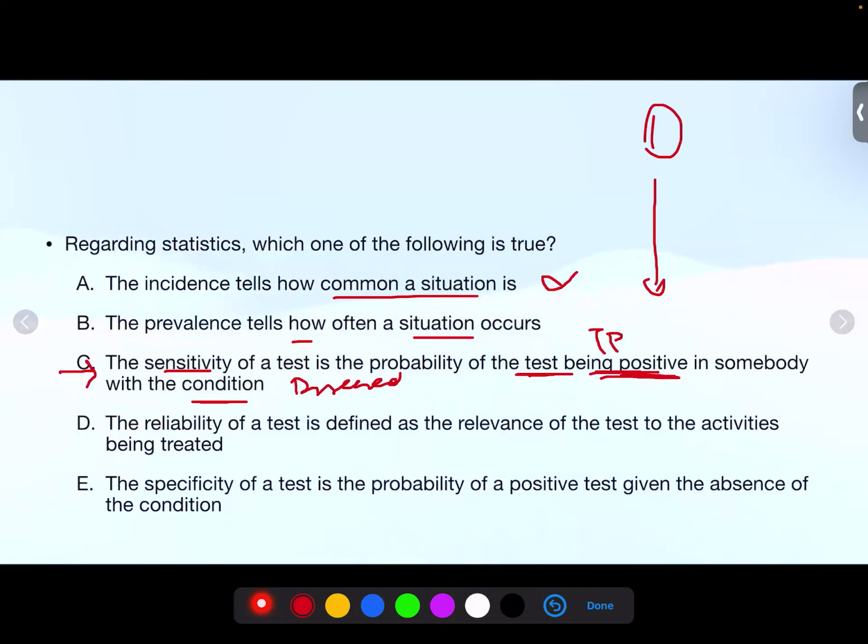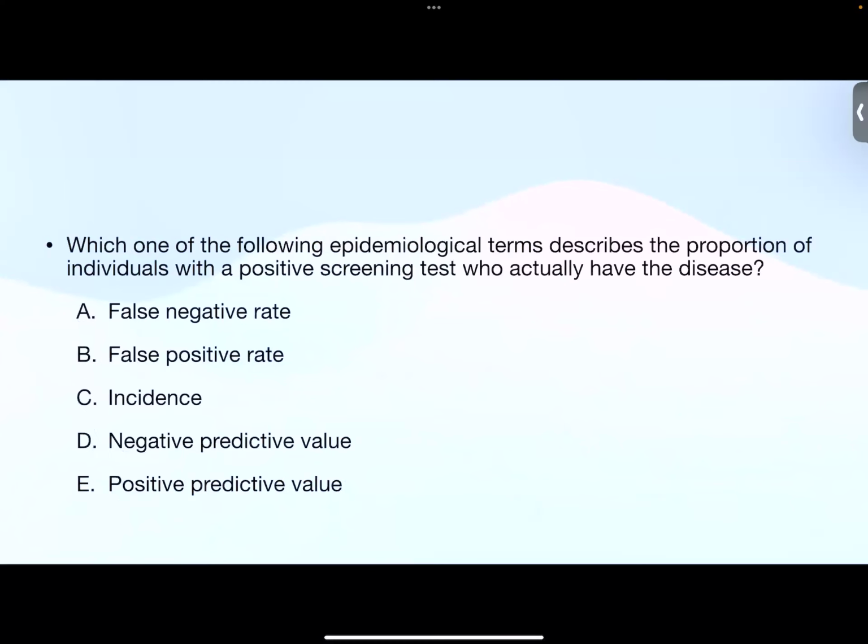So this is true. The reliability of a test is defined as relevance of the test to the activities being treated? No. Specificity is actually a positive test given the absence of the condition. No, if the negative test was written here, then this option would also be correct. So option C, the sensitivity, is correct.